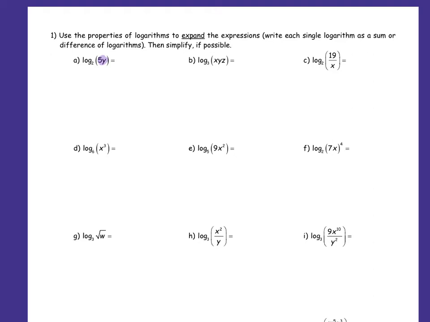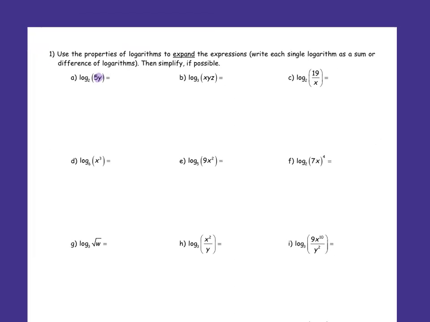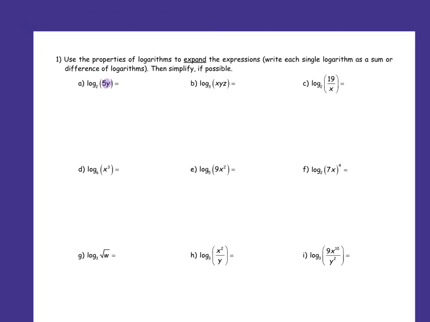Multiplication means I'm going to use the rule that says, and I think I'll just write them up here. That might be easy. It's going to be log base A of m times n equals log base A of m plus log base A of n. Okay, so that's the rule that I'm going to use.